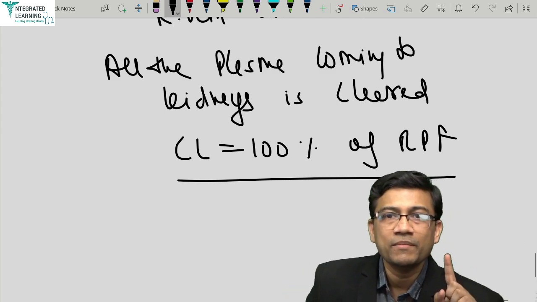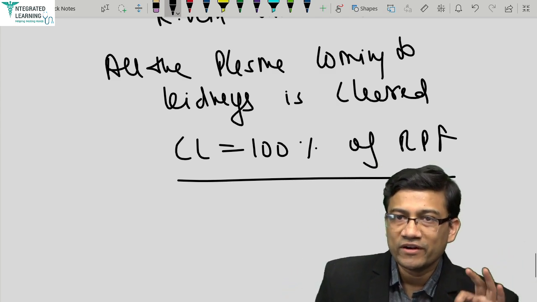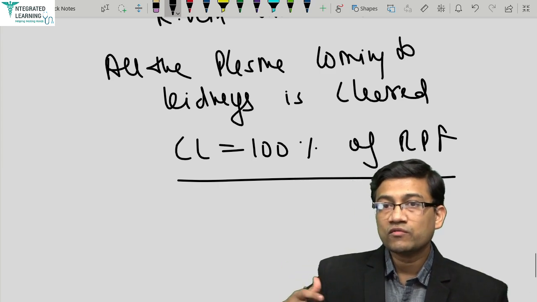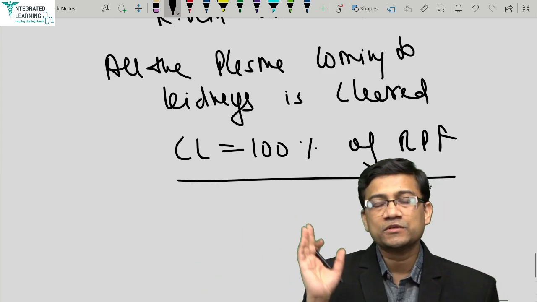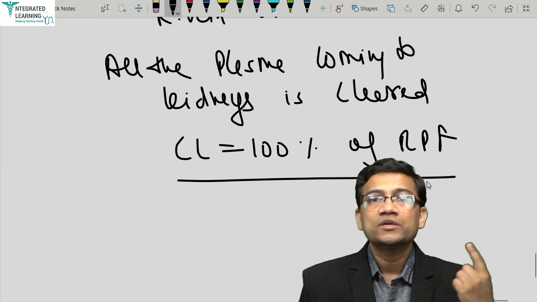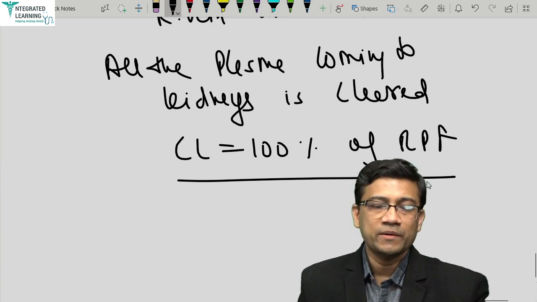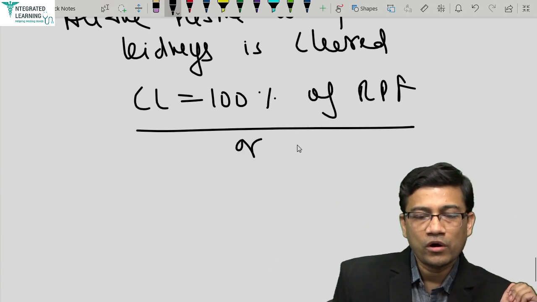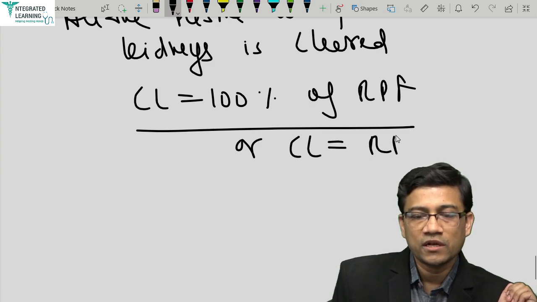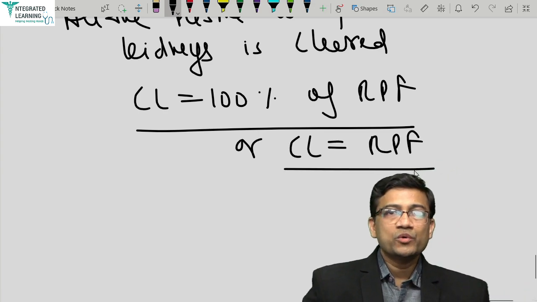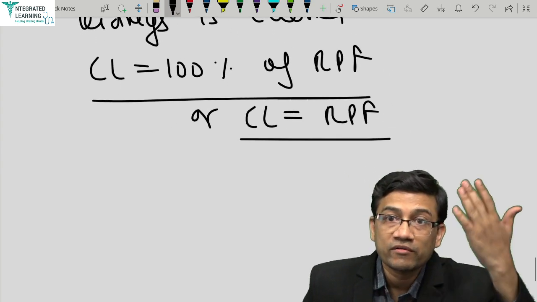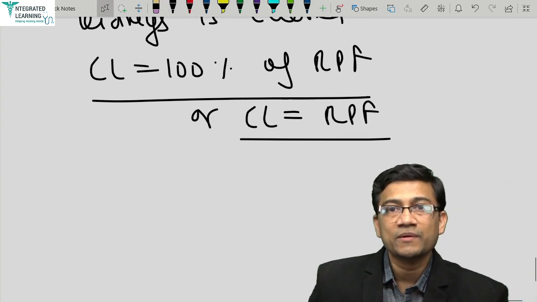So how much plasma came? 625. How much did you clear by filtration? 20%. And how much have you cleared after secretion? That 80% also. So the total clearance? 20, 80, or 100%? 100%. What is 100% equal to? Clearance is equal to renal plasma flow. So now you get a clearance not equal to GFR but equal to the whole of the plasma, that is RPF.